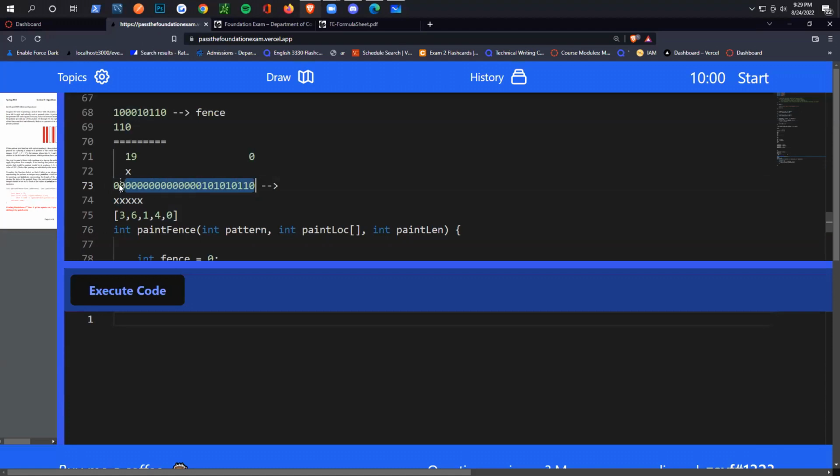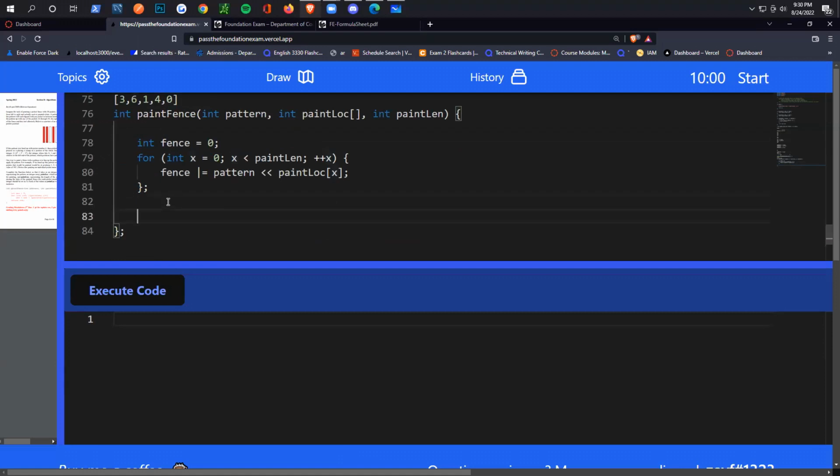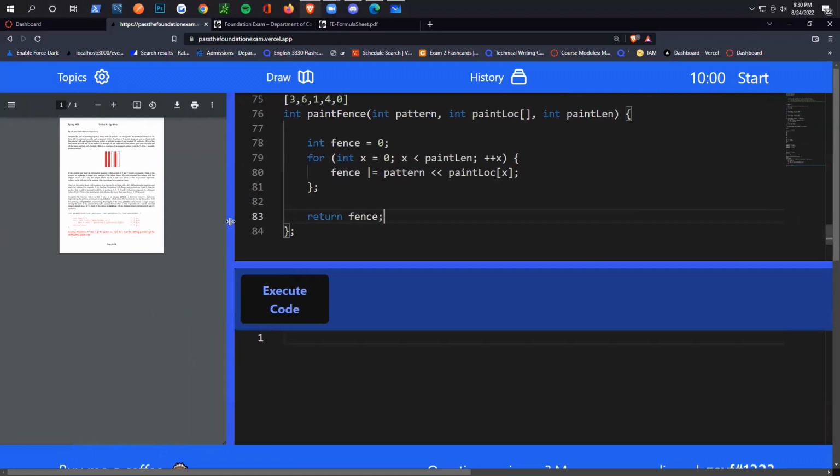You don't care about what's past that, even if it goes past the paint location, because you're only focusing on the first 20. The first 20 are going to represent the fence. You could care less about the other 12 or 11. Yeah, so that's the whole idea behind this. And also you have to return the fence as well. Return the fence. And that is about it.